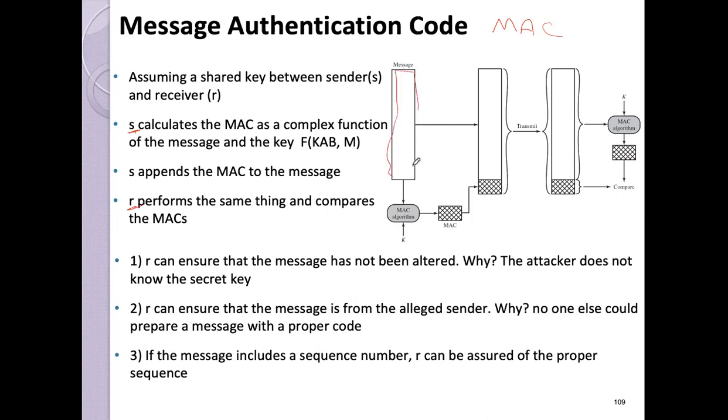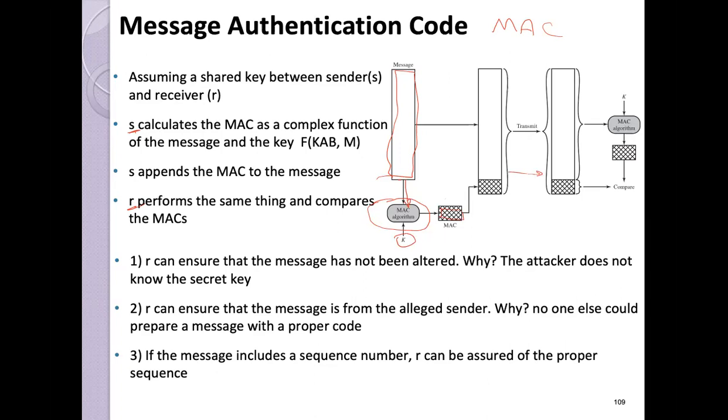For the message which is supposed to be sent, we define a computationally complex function, and we call it the MAC function or MAC algorithm. This MAC function, of course, takes a key and produces something out of this message. And then we append that MAC to the main message and send it to the receiver.